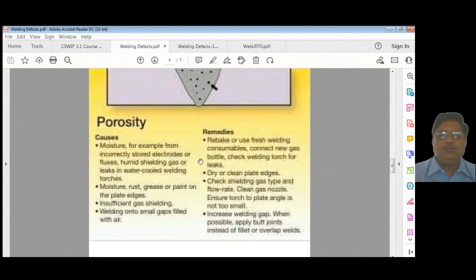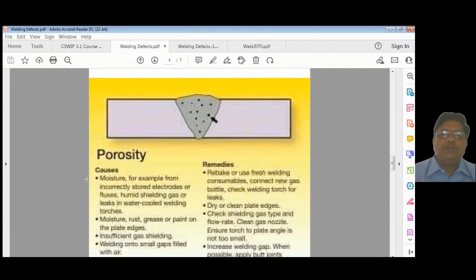Then porosity. Mostly it is because of moisture, incorrect electrode storage, or humid shielding gas. If your shielding gas is not good, or the welding torch is water cooled, which I know is very rare, but if you have a leak in that, probably there also it will happen. Moisture, rust, grease, paint: if you weld on those surfaces, there will be porosity, and also insufficient shielding gas.